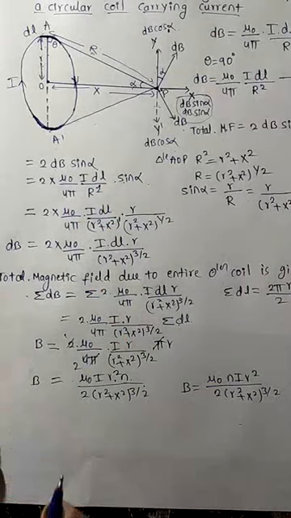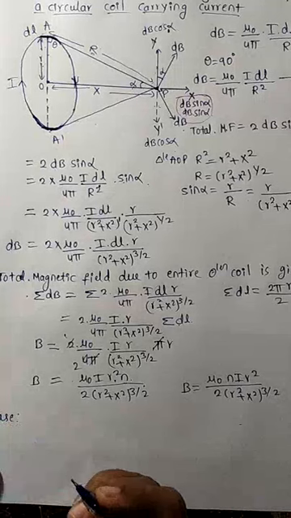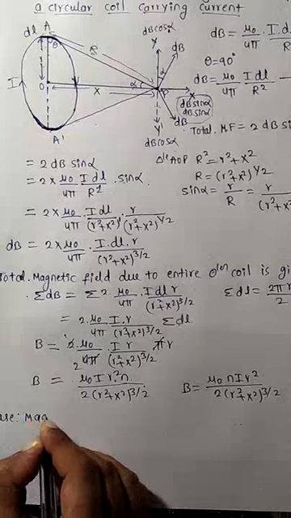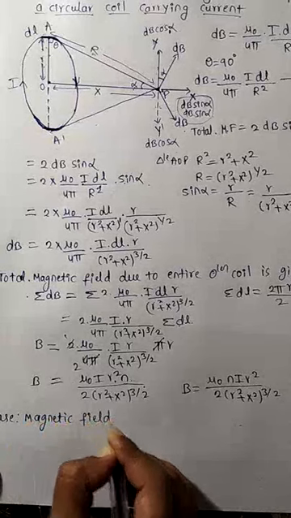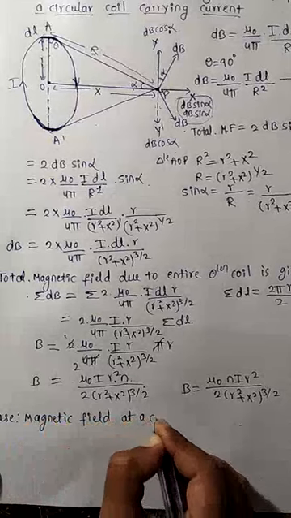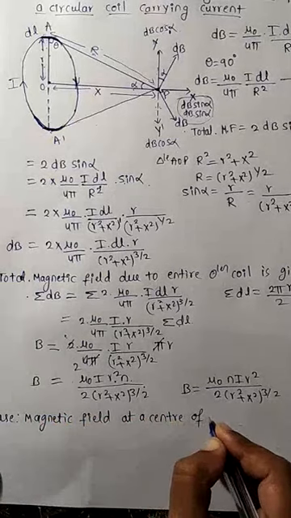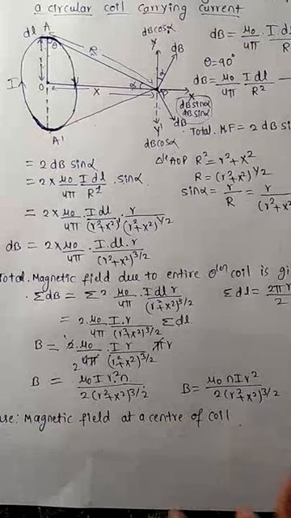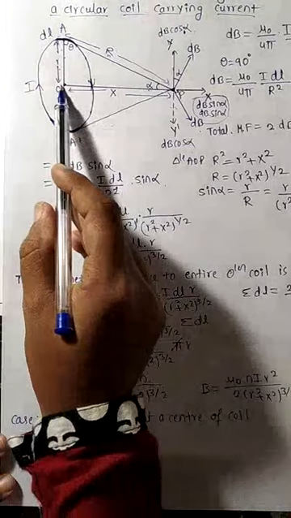So we got that value. Now I will take one case. That case is the magnetic field at the center of the coil.